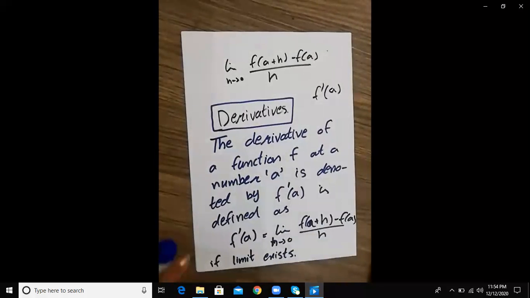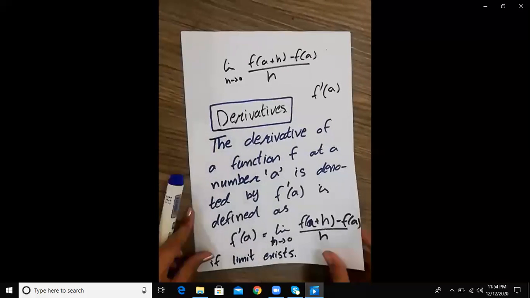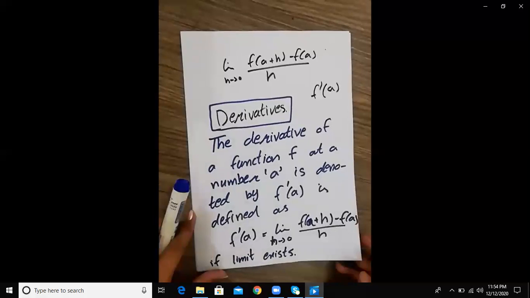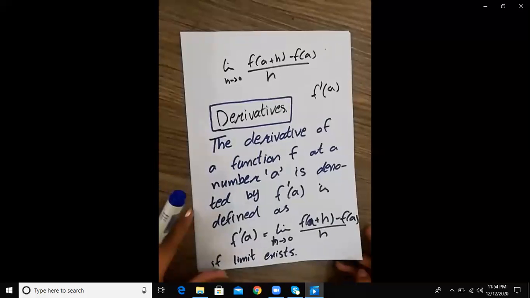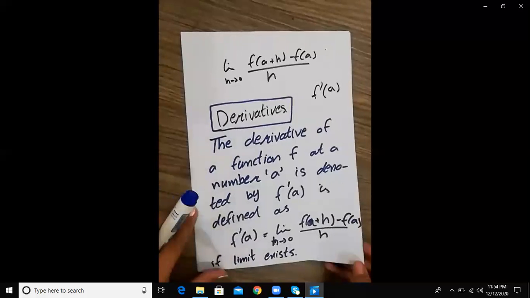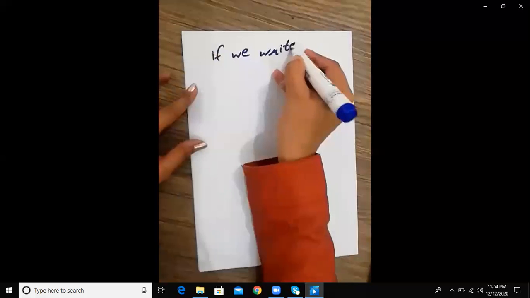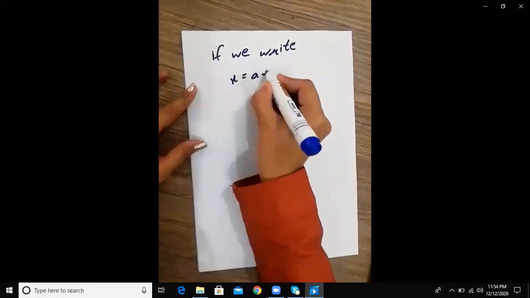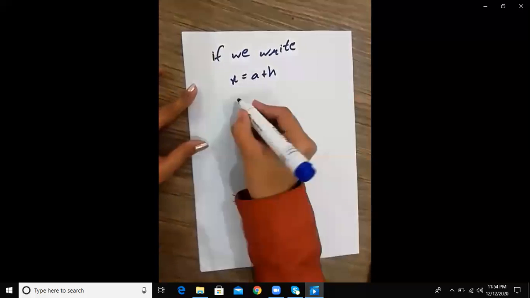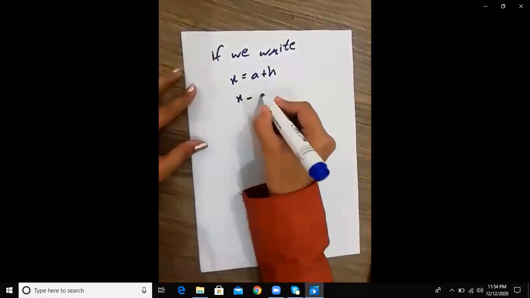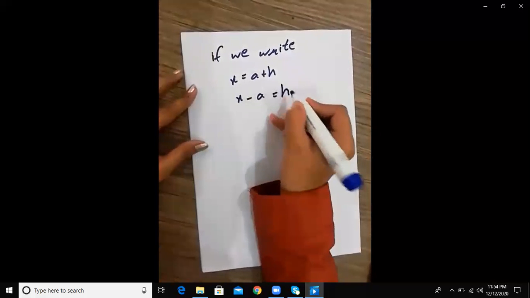So this is how we define the derivative of a function as the slope of the tangent line. The derivative of a function f at some particular point a is the slope of the tangent line. We can also write the definition in another way: if we write x equals a plus h, then x minus a is equal to h.